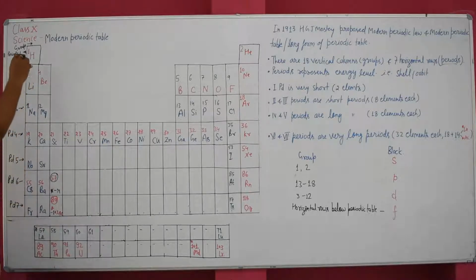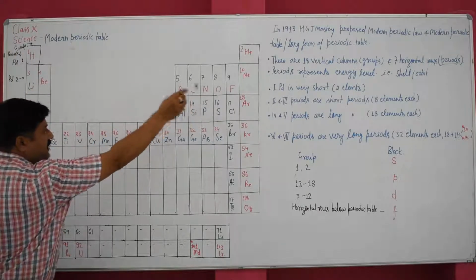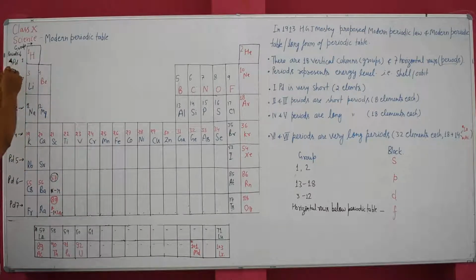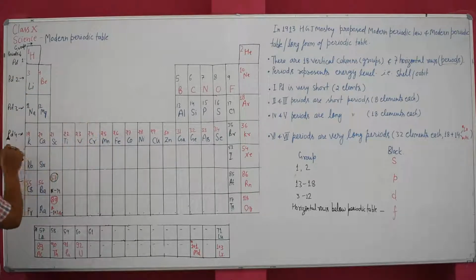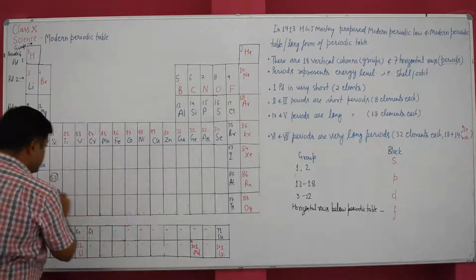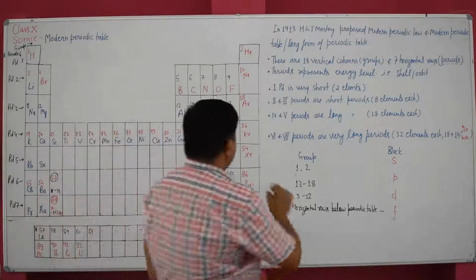So there are 18 groups and 7 horizontal rows, periods 1, 2, 3, 4, 5, 6 and 7.